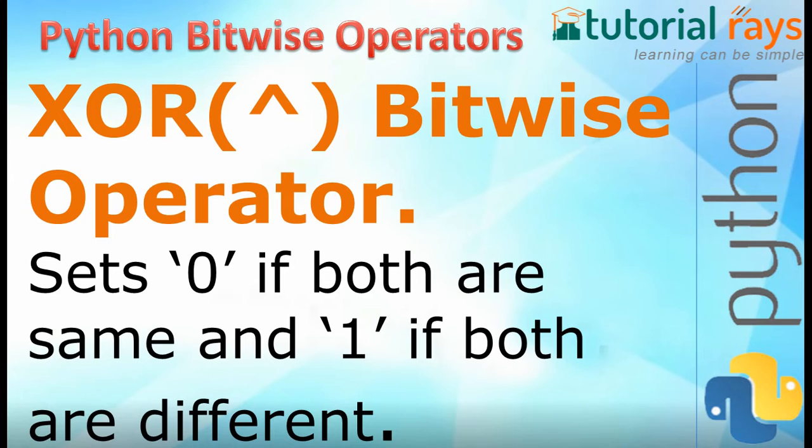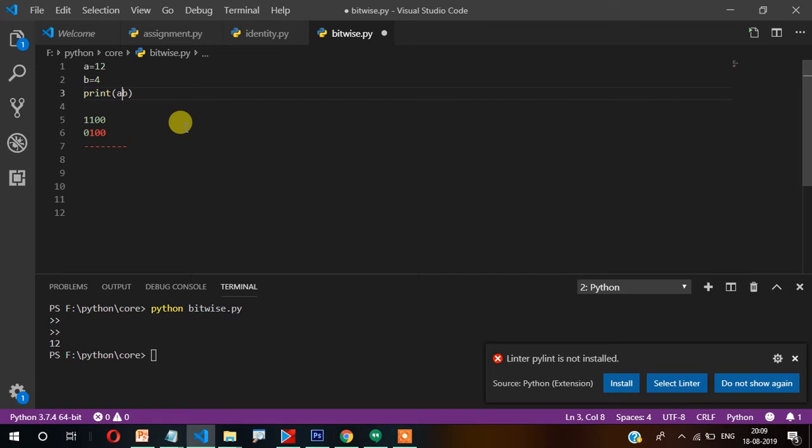So you remember, if both are the same, in that case it becomes 0, and if both are different, in that case it becomes 1.